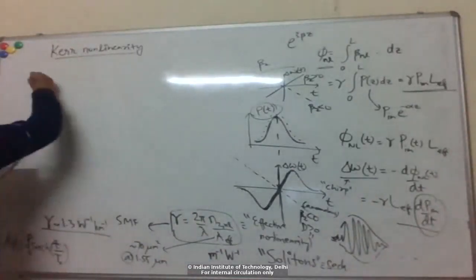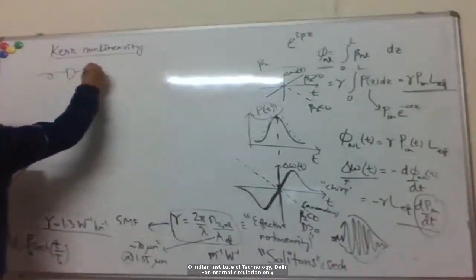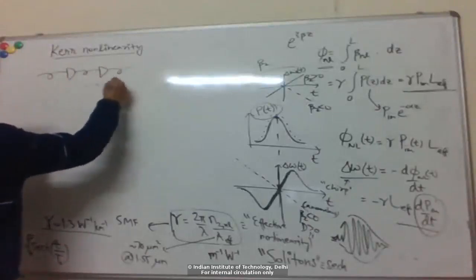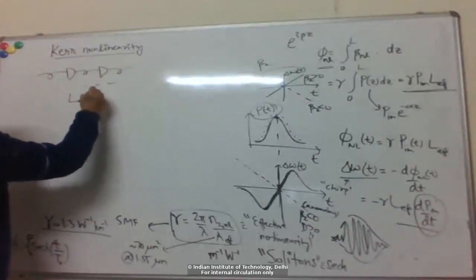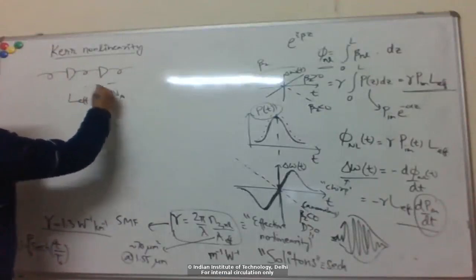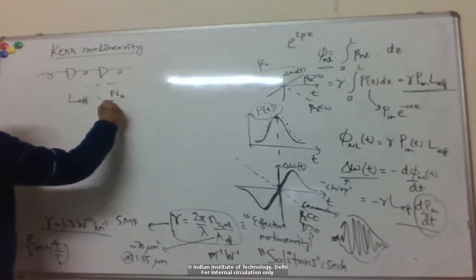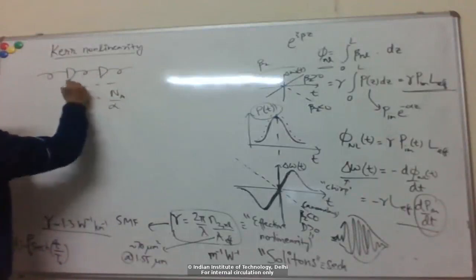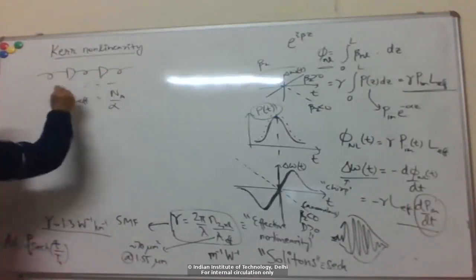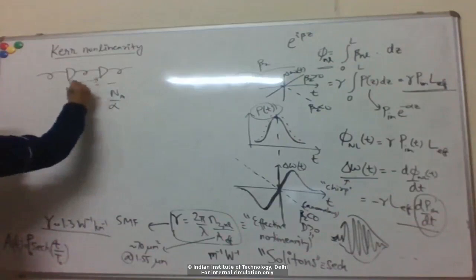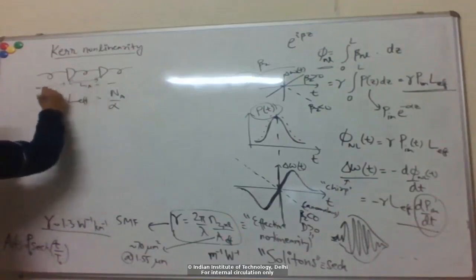So again, if you imagine a long link with many amplifiers in between, then this L effective, recall, is basically the number of amplifiers divided by alpha, where 1 over alpha is the effective length of each section here.